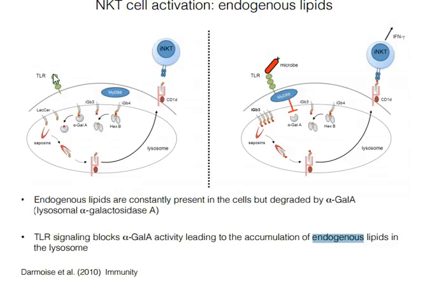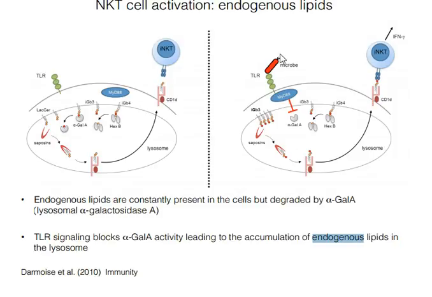So here there's no microbe, and we can see the alpha-gal A breaking down these endogenous lipids, and only a few of them are being presented.